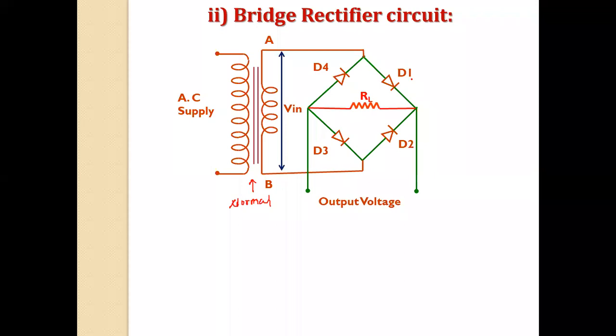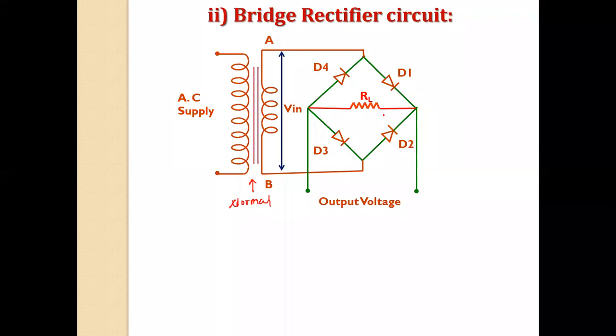Diodes D1, D2, D3, and D4 act as a bridge circuit, and between two opposite corners, points A and B are connected, and between the other opposite corners, the load resistor RL is connected.